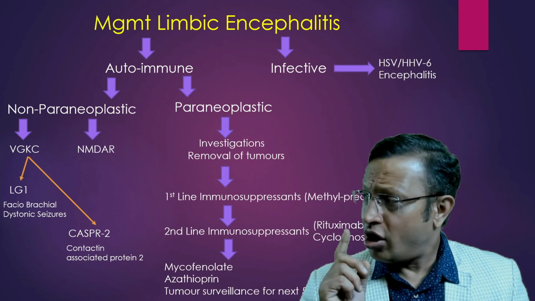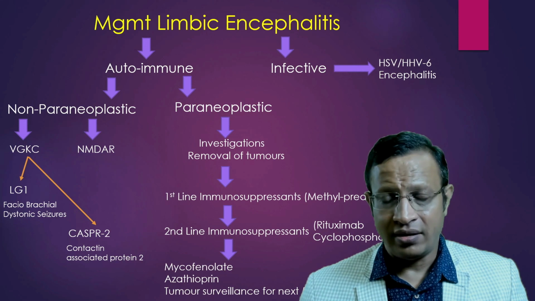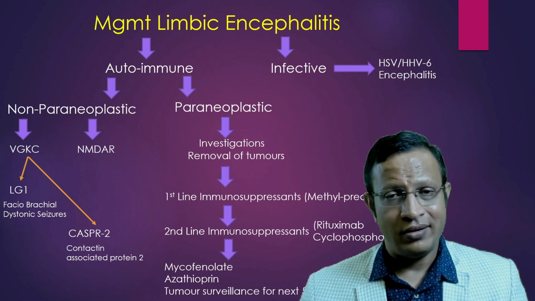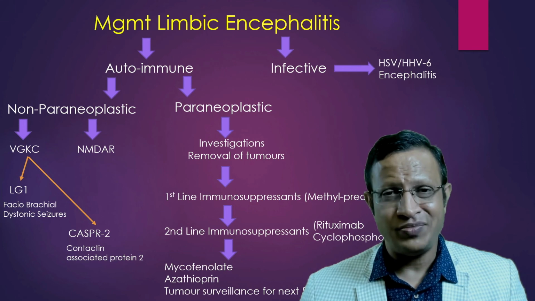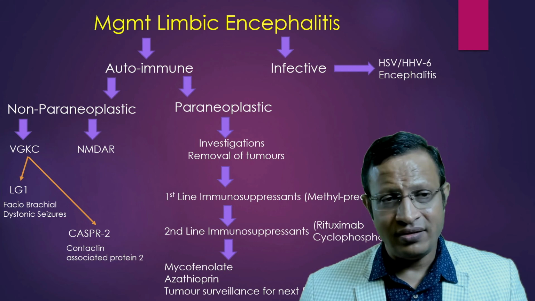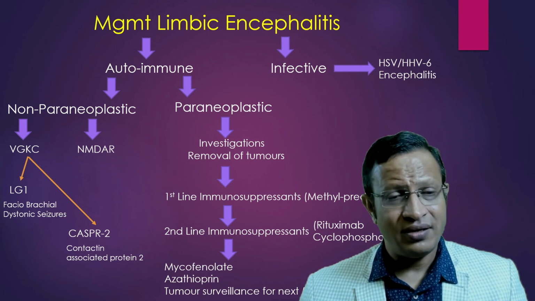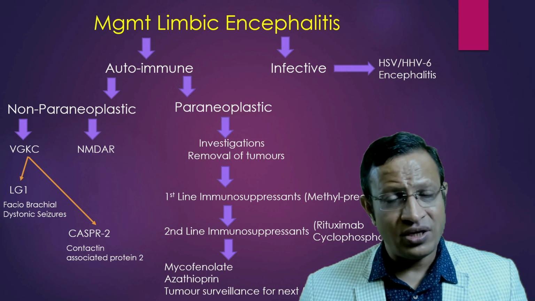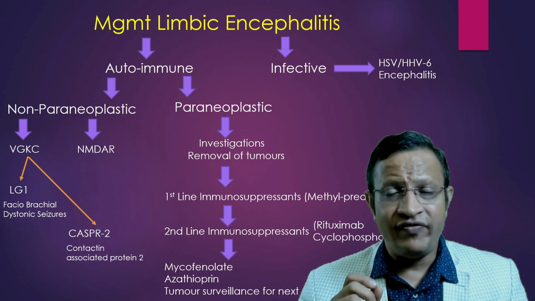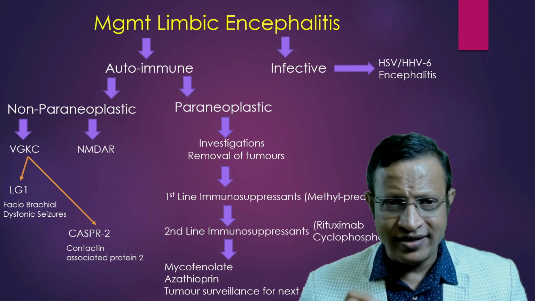However, if it is a non-paraneoplastic syndrome, you may consider NMDAR encephalitis, which I'll be doing a separate video on, and voltage-gated potassium channel involvement. If there is LGI1, that is, faciobrachial dystonic seizures are present, those antibodies need to be diagnosed, and a good physical examination and observation of a faciobrachial dystonic seizure is pathognomonic in this disorder.